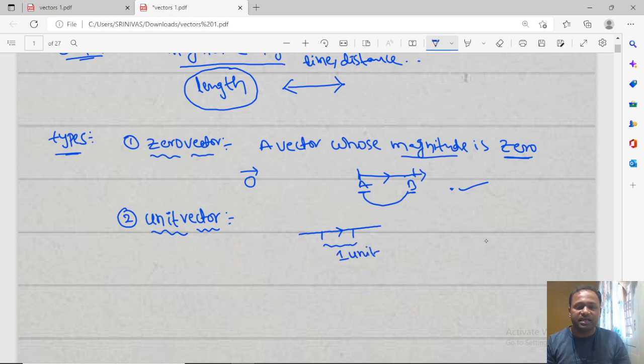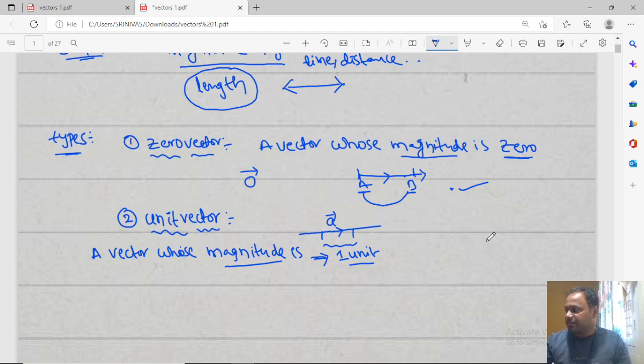Then we say that the vector is called a unit vector. A vector whose magnitude is 1 unit is called a unit vector.